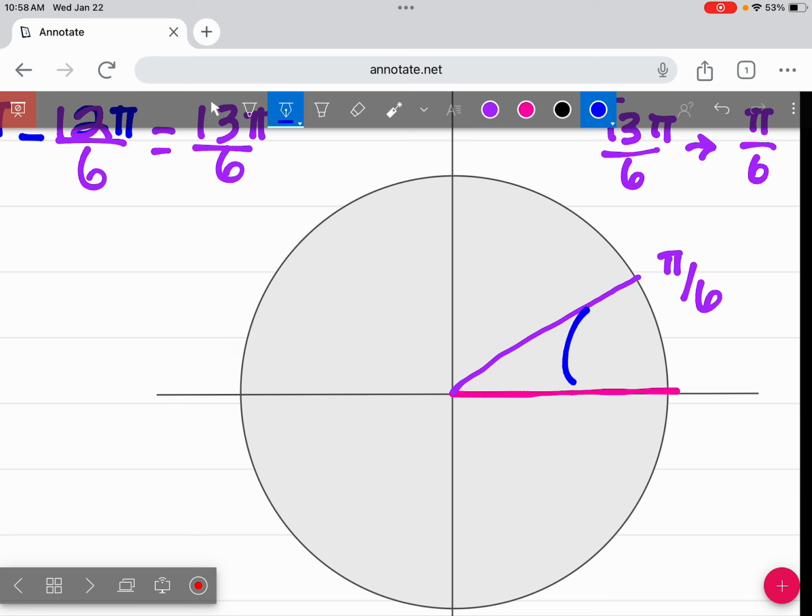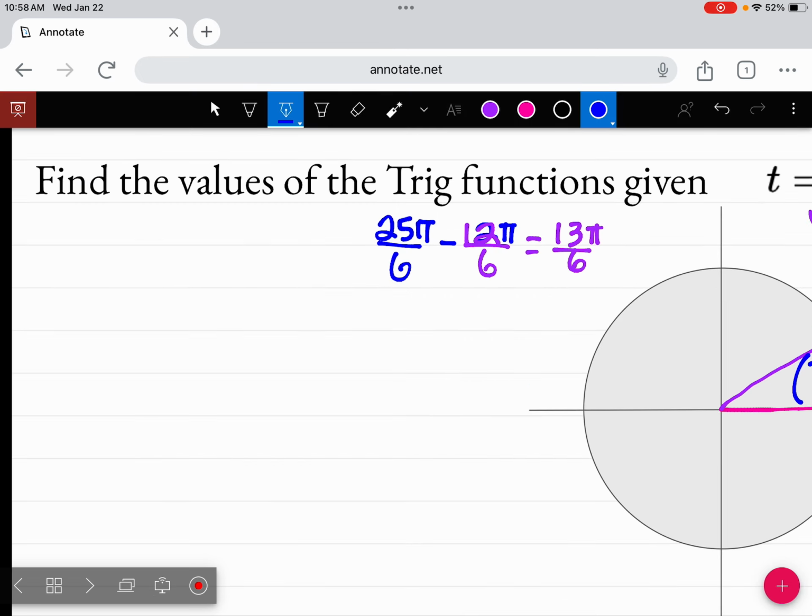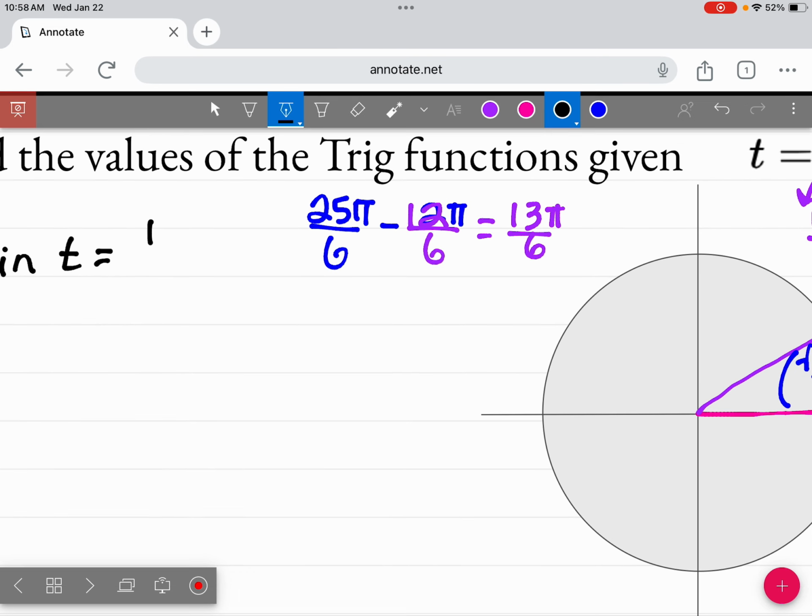So our ordered pair for pi over 6 is what? Because we need that piece. Square root of 3 over 2 and 1/2. So what is our sine of 25 pi over 6, or sine of t? 1/2.